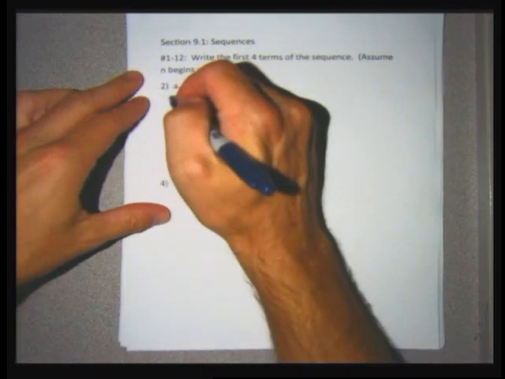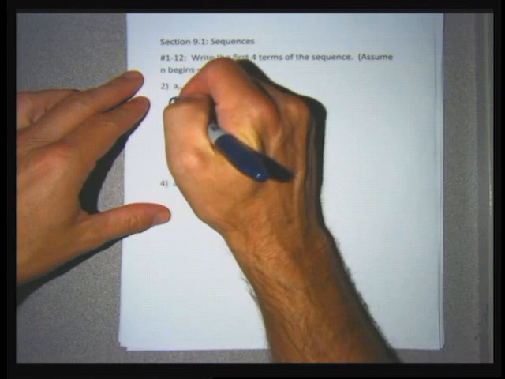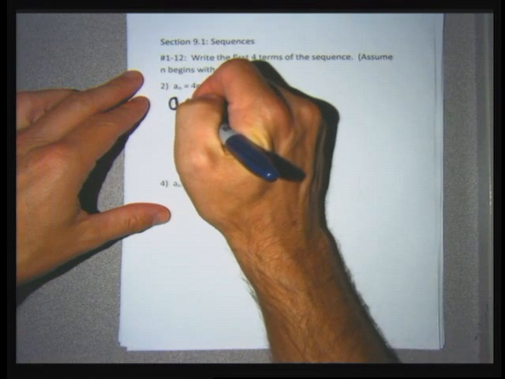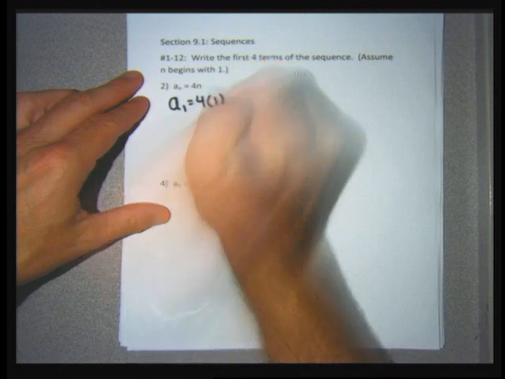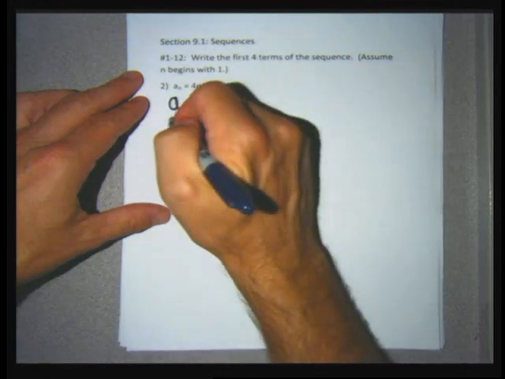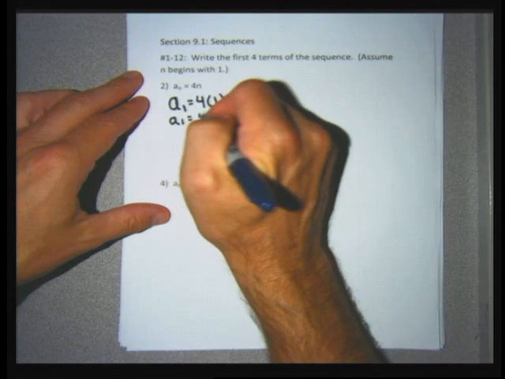So if I want to write the first 4 terms of the sequence, the first term of the sequence I get by replacing the n on either side of the equal sign with 1. When I do that, I get a sub 1 equal to 4.